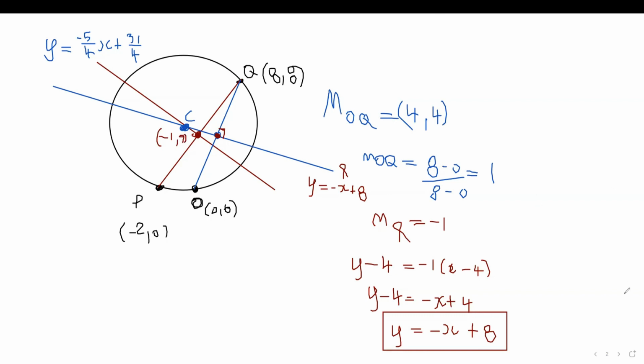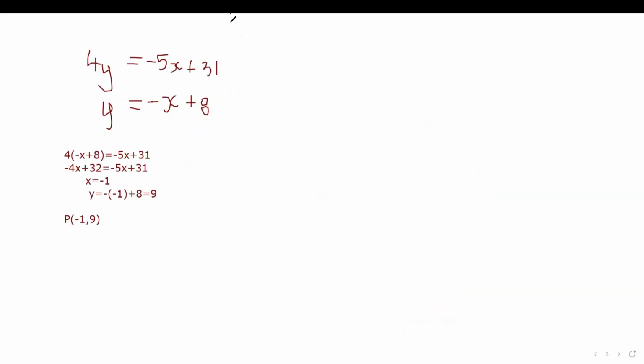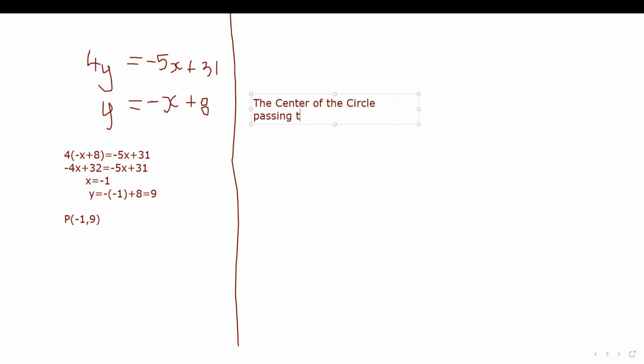So that's one way of doing it. We can tell them that's the center of the circle. The center of the circle passing through P, Q, and O is (-1, 9).